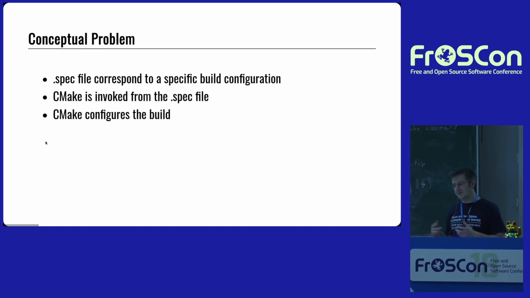And then CMake configures the build, and this configuration that CMake produces must match what the spec file had in the very beginning. Otherwise, well, rpmbuild will fail. So it's kind of backwards, because you have pre-recorded configurations somehow, and then you need to force CMake into producing exactly the same configuration. It's not natural.